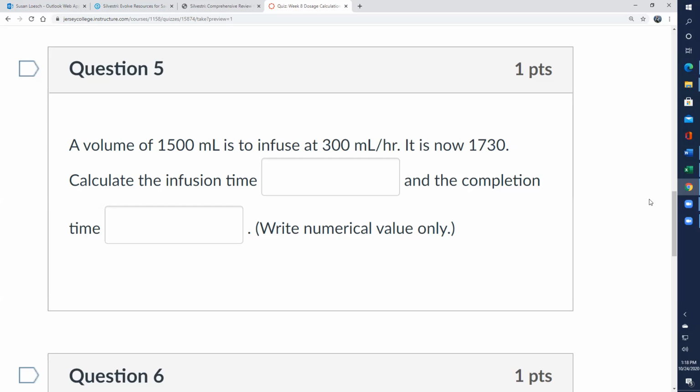So on your syllabi, on page, come on. Guess I went too fast.